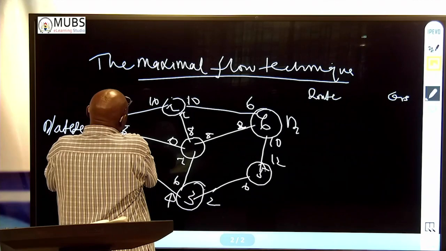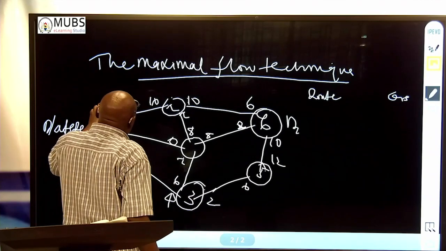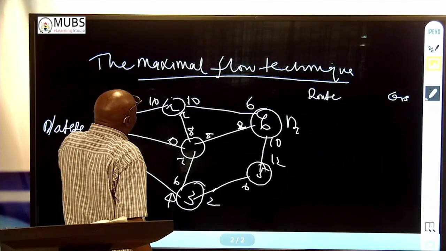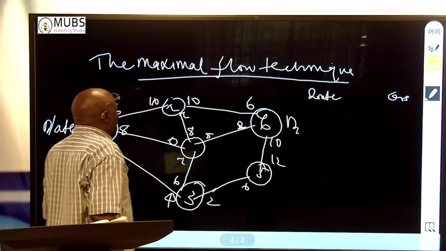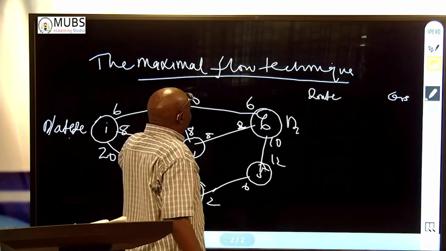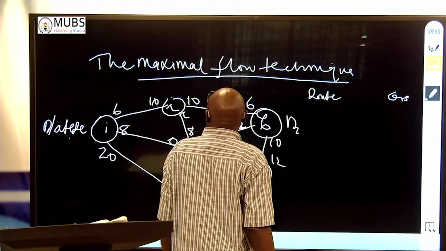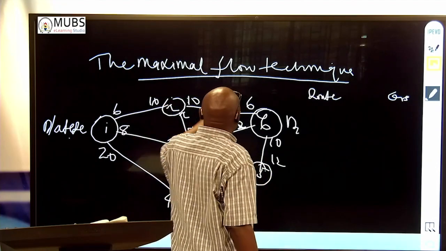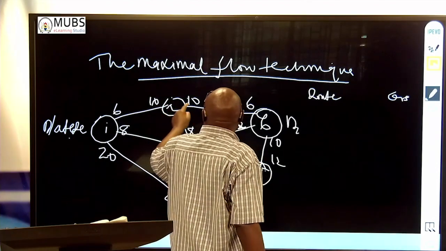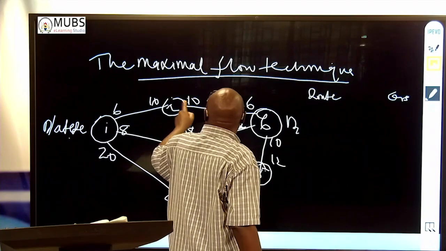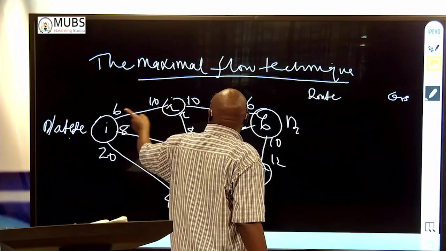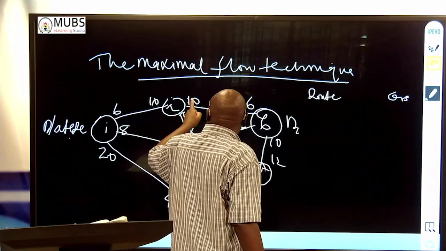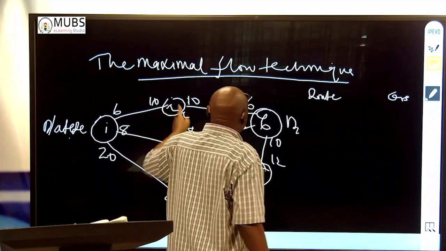From 1, only 6 cars can be allowed from here up to this point. From this point, 10 cars can be allowed up to that point. So this one allows 10, and this one allows 6.